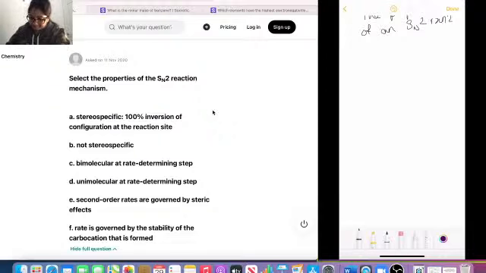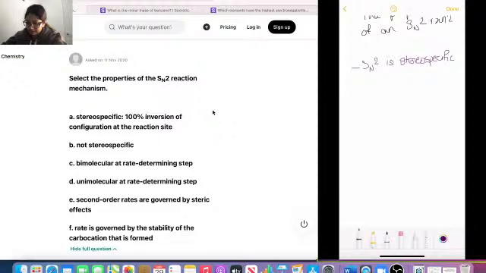So SN2 is stereospecific, and it will give different stereoisomers of the products.